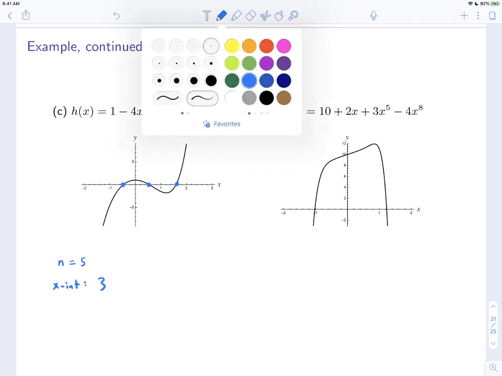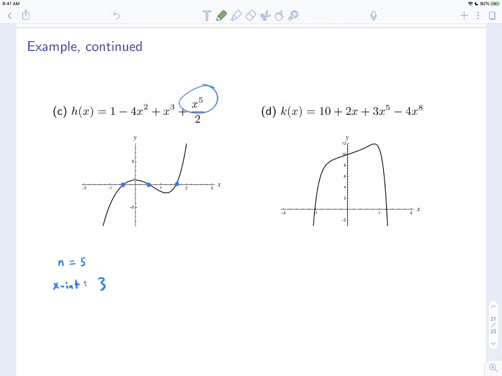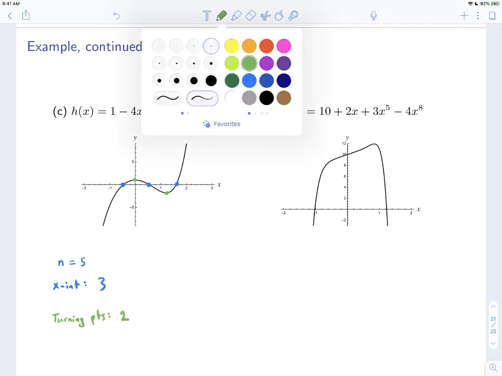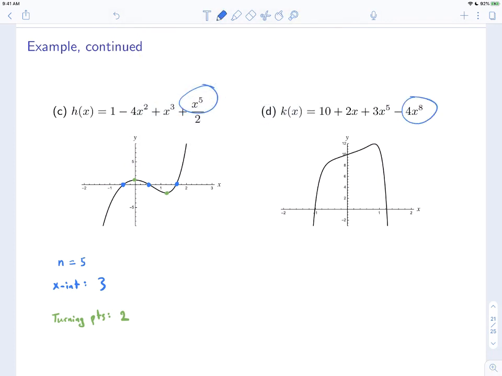What about the turning points? Well, there's 1 there and 1 there. So there are 2 turning points. What about our last example? This is degree 8, so n is equal to 8. What about the intercepts?